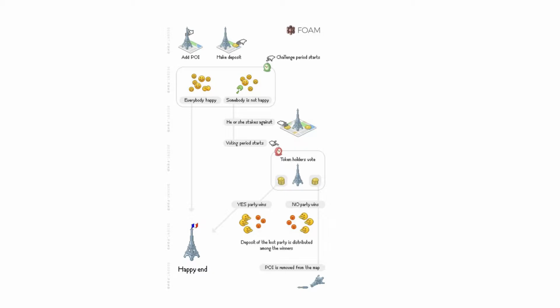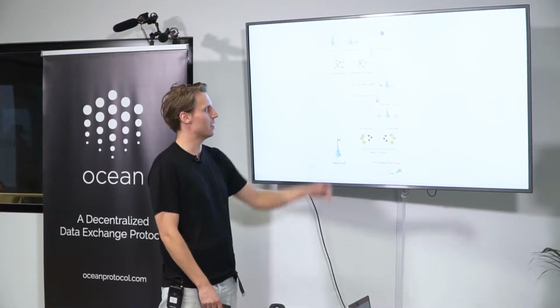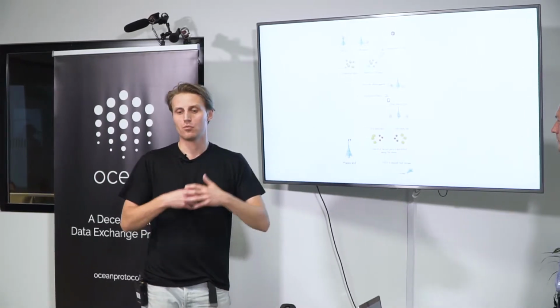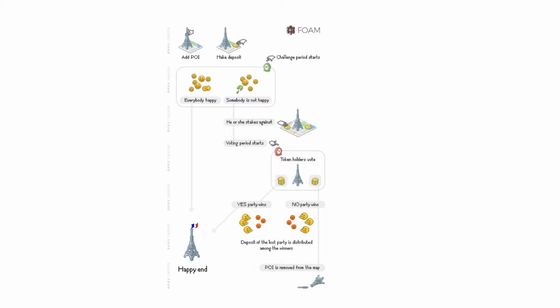If someone challenges the point, the initial stake is part of what's called a prize pool for a vote, similar to a normal TCR. People can vote, and then the original prize pool is distributed among the winners. And then in the end, either the POI is removed from the map or stays on the map.